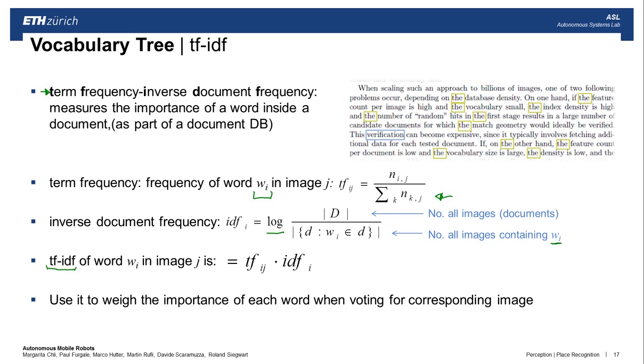The term frequency, inverse document frequency of this image is then the product of these 2 values. And this is then used as the weight of each word in the voting array in order to weigh down the importance of common words, like these ones here in text retrieval, and give more weight to more distinctive words that appear in the image.